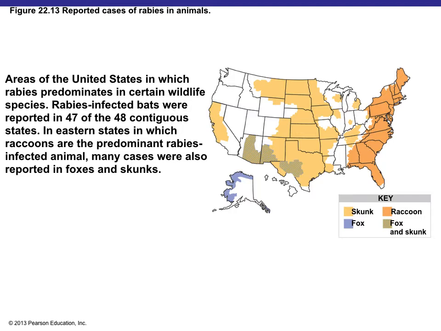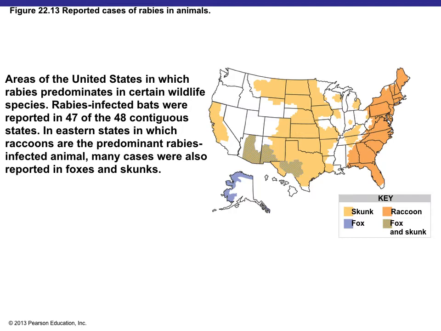So this is an example of reported cases of rabies in animals in the USA. So in the United States, rabies virus has been eliminated from dogs, but it is common in wildlife.